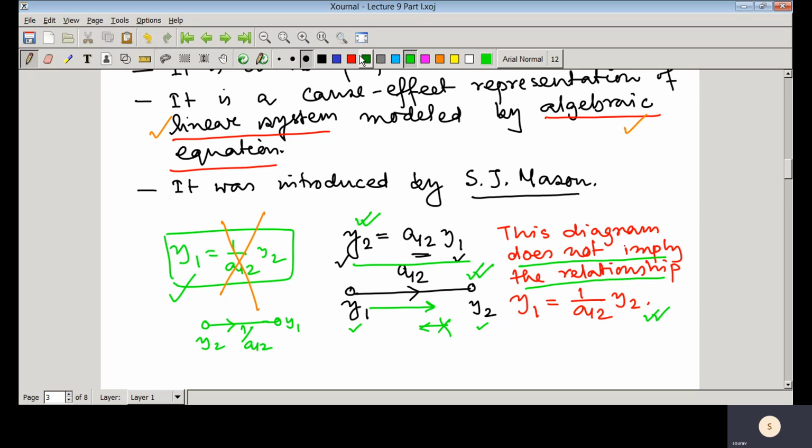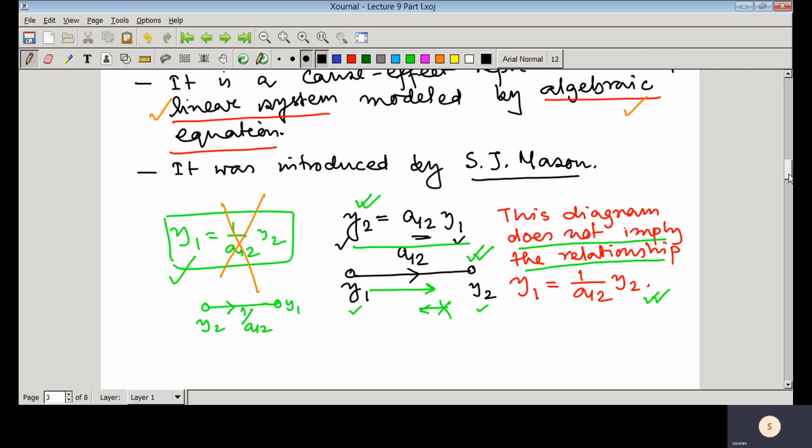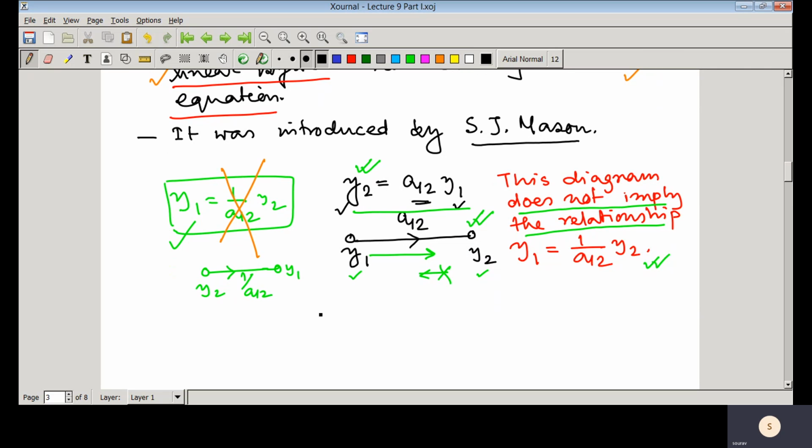And there are some terminologies. Here in this particular case, we say that y1 is the input node, and y2 is the output node. From here you can also understand that we are representing a dynamical system, and in dynamical systems you have some input and some output.